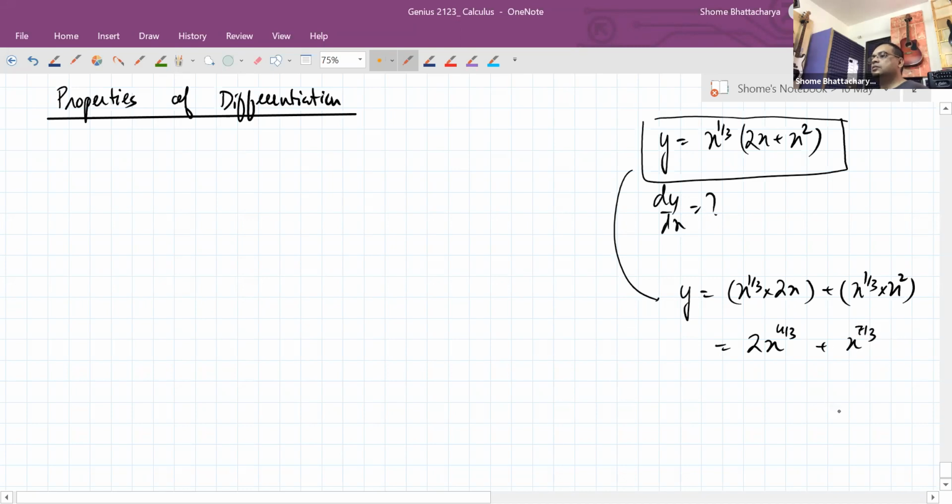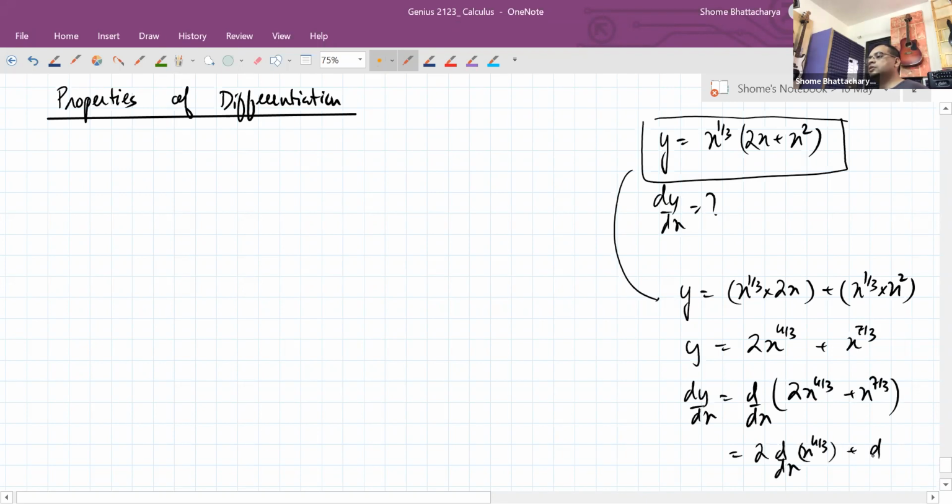Okay, and then we can differentiate this. That's fine. When we differentiate this function, we can just use the distributive property and take the constant outside. So we don't need any additional property compared to what we have learned. We can just use the direct formula now.